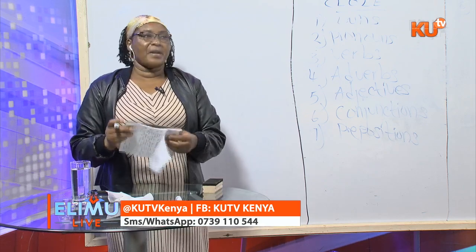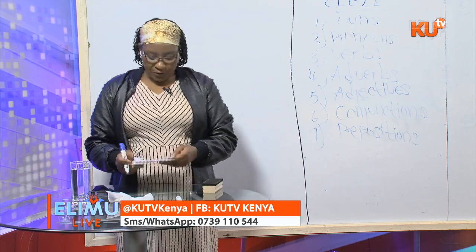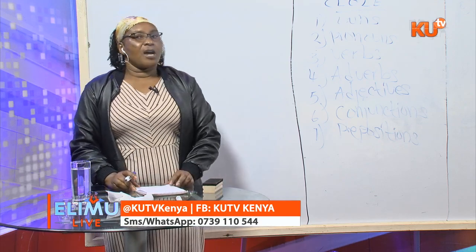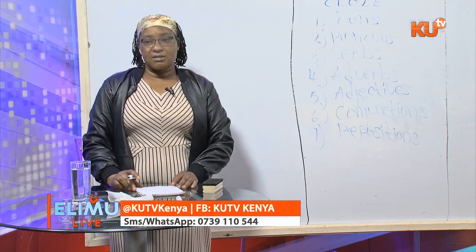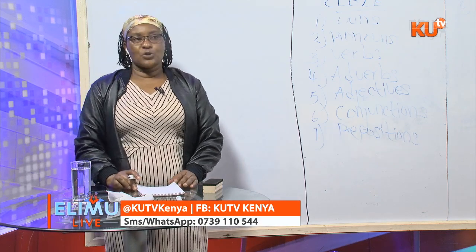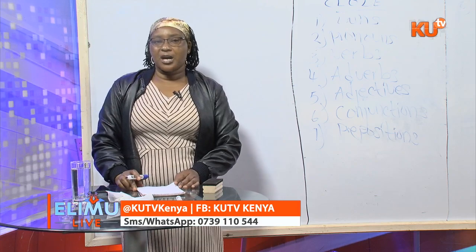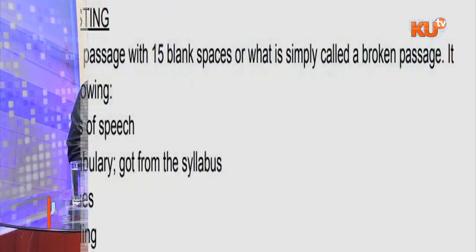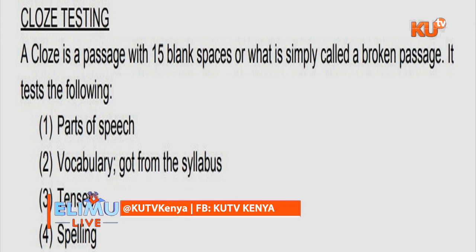Now, apart from the parts of speech, we also have vocabulary. The vocabulary are the new words which are taught right from class 1 to class 8. So any vocabulary that is being tested in a broken passage has been taught in all the classes right from class 1 to class 8.